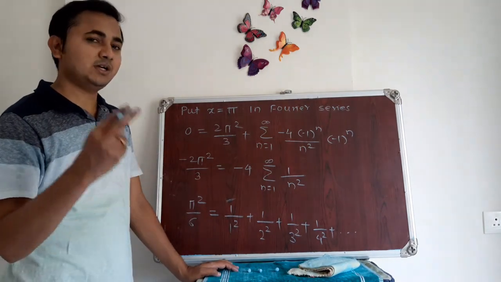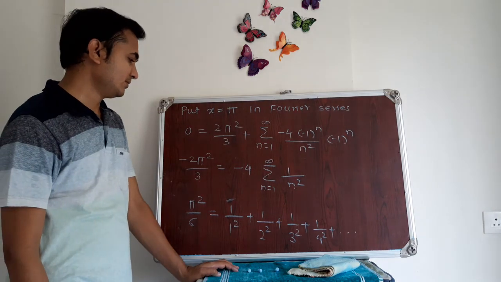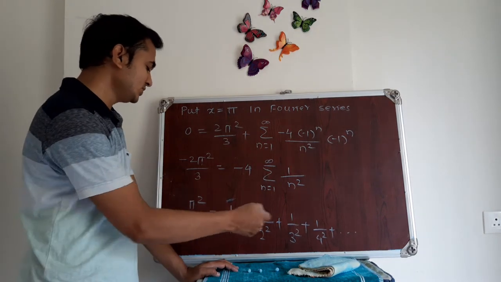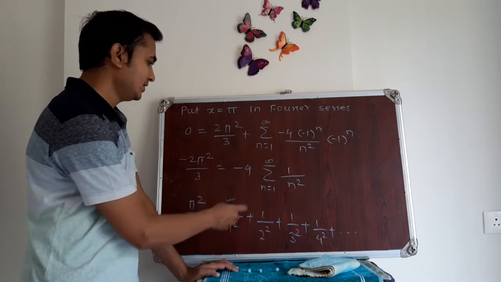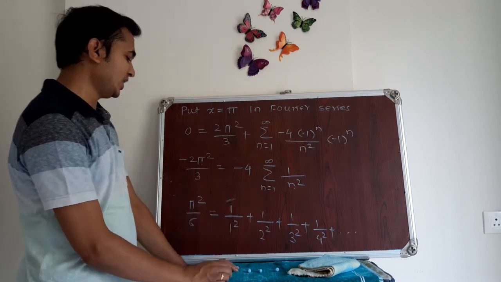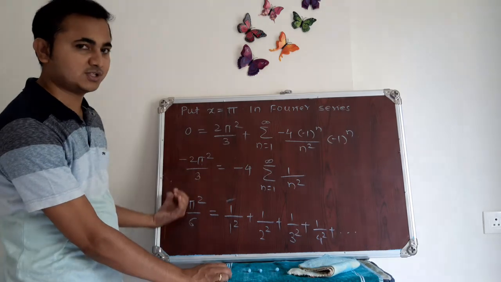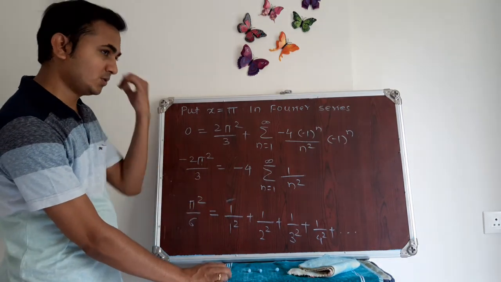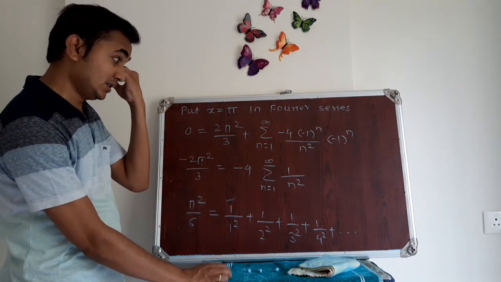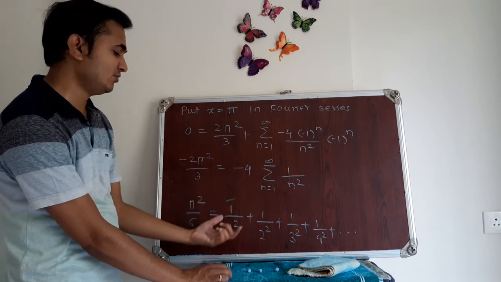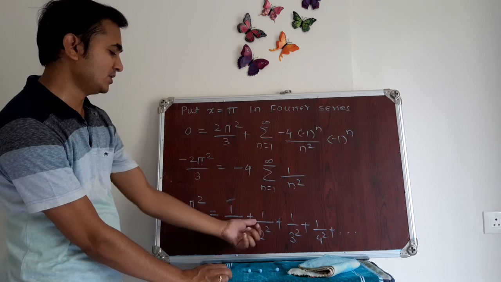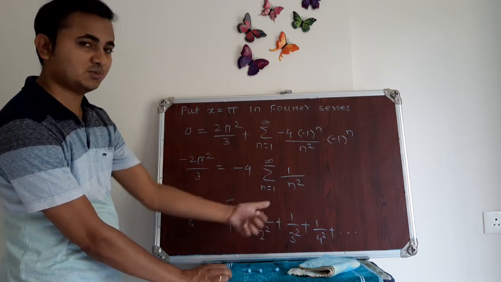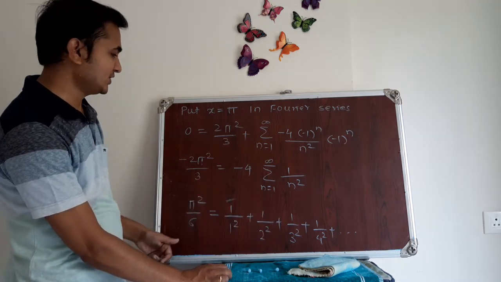We are asked to find the sum of two series, but we have got a third, which is again important: summation of 1 by n square is pi square by 6. So far as competitive exams are concerned, this sum is important. Summation of 1 by n square, or 1 by 1 square plus 1 by 2 square plus 1 by 3 square and so on, is pi square by 6.